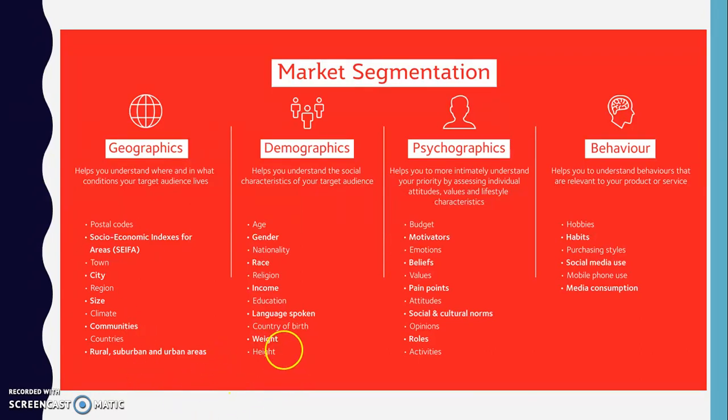And if you talk about demographics, we'll talk about age, gender, nationality, race, income, education, and etc. And if we talk about psychographics, we talk about motivators, the emotion, the budget, the beliefs, the values, the attitudes, and other social and cultural norms.